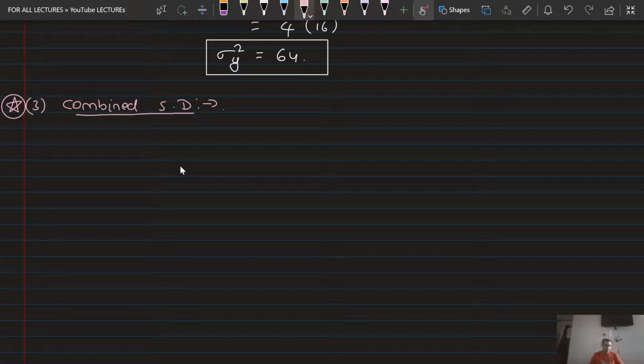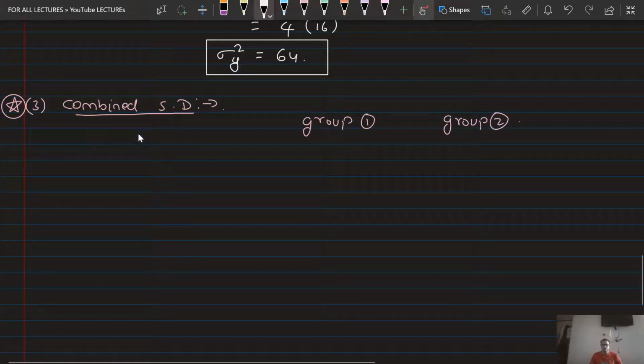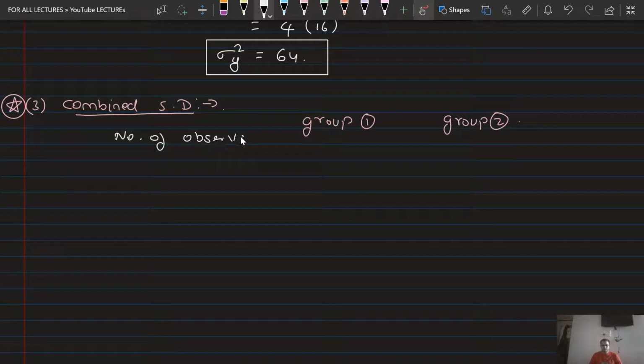Now once again I will consider two groups, group 1 and group 2, along with their number of observations n1, n2.